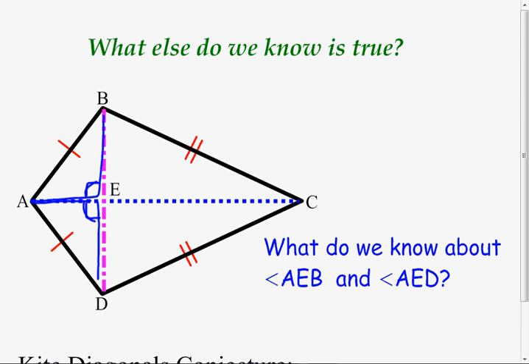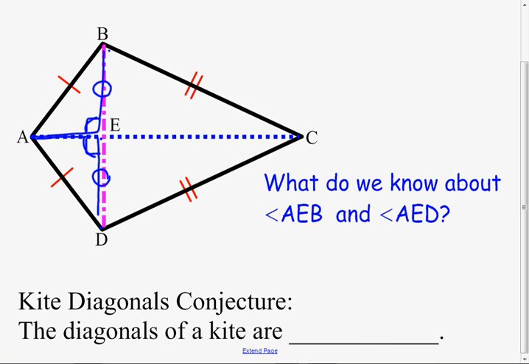And not only that, what appears to be true about BE and ED? Because if I flip this triangle up, they're going to match up exactly. So these are going to be congruent. The kite diagonals conjecture: the diagonals of a kite are perpendicular to each other.